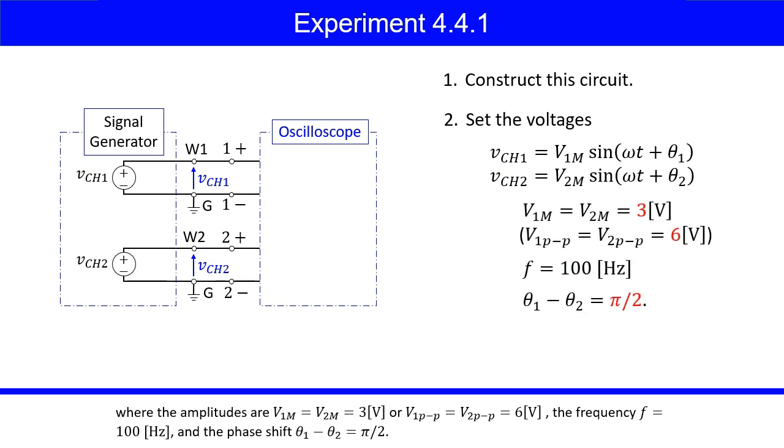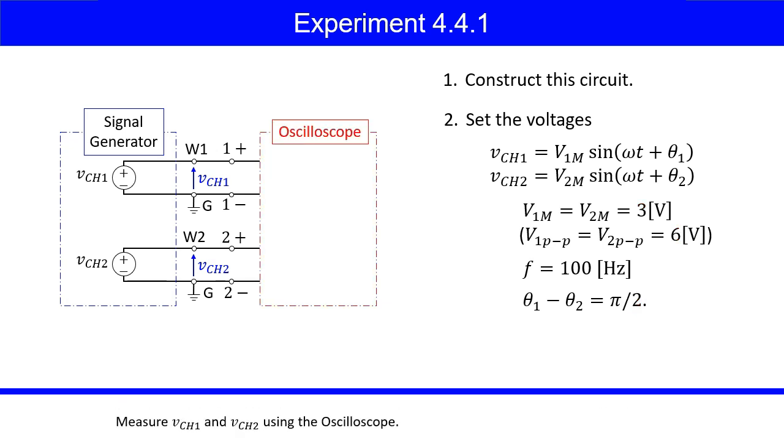Where the amplitudes are V1m equals V2m equals 3 volts, or V1 peak to peak equals V2 peak to peak equals 6 volts, the frequency f is 100 Hz, and the phase shift theta 1 minus theta 2 is pi over 2. Measure VCH1 and VCH2 using the oscilloscope.